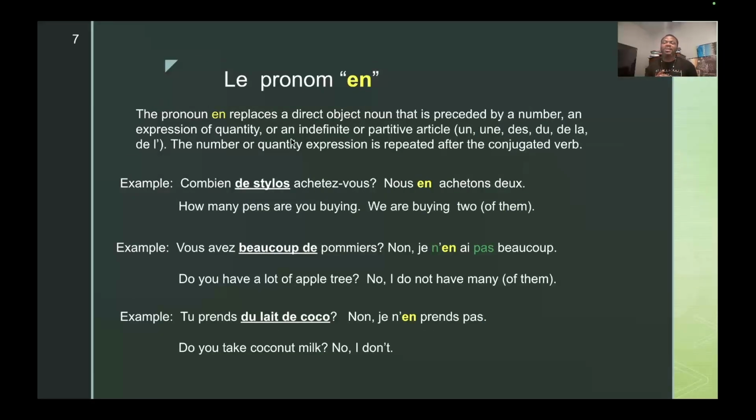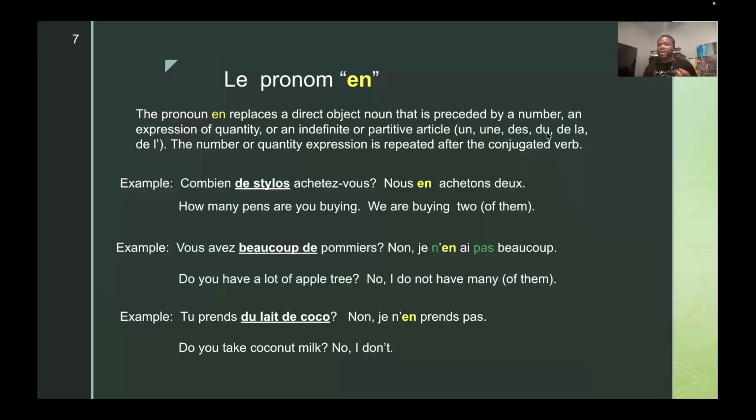Now let's talk about the pronoun en. It's a pronoun that replaces a direct object. It always replaces an expression of quantity, an indefinite or partitive article. When we say indefinite articles, we are talking about un, une, des.